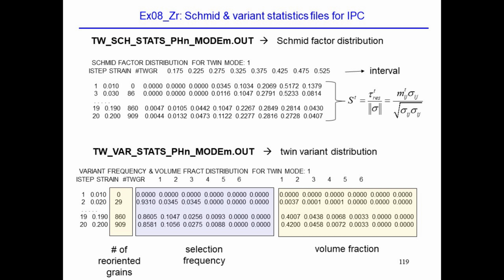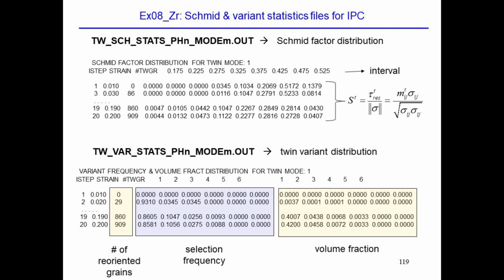Essentially, you divide the horizontal axis in cells, and you do a statistic counting how many points fall in each cell, and that's your statistic. So the center of the cell is 0.17, 0.22, 0.20. This is the interval of the Schmidt factor, and these are the values at the beginning, and these are the values at the end.